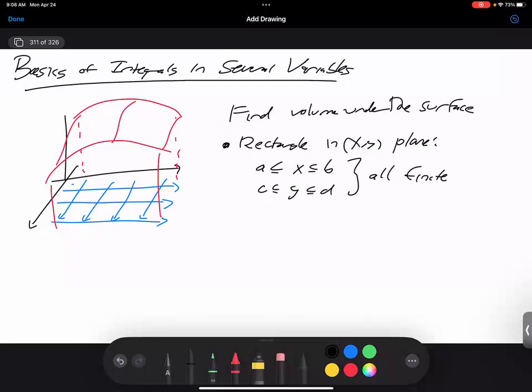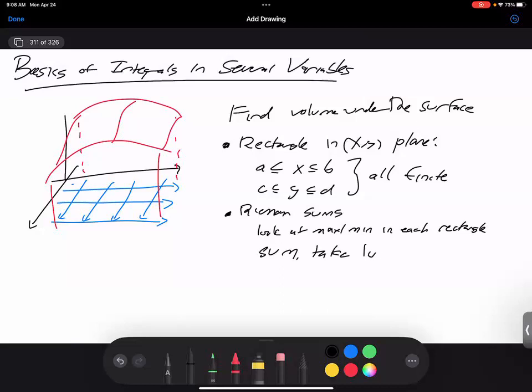What we can do is Riemann sums. Look at the max and min in each rectangle, sum, take the limit, and show they converge to a common value.